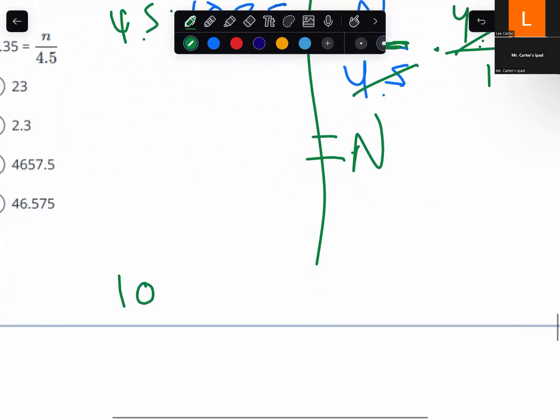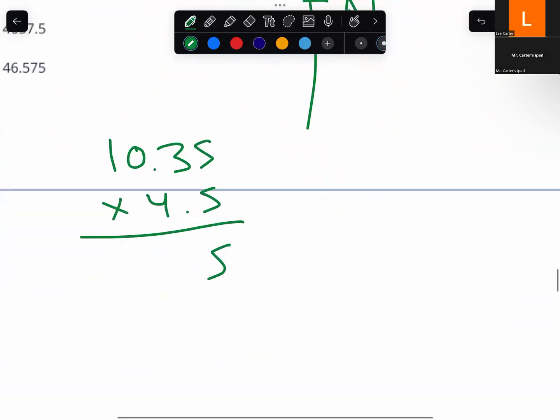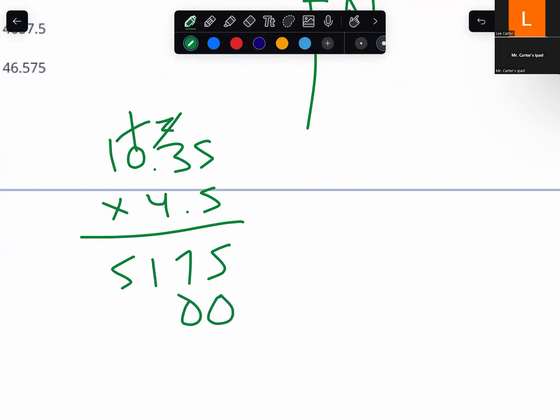So we have 10.35 times 4.5. You don't have to line up the decimal when multiplying. You just count the spots at the end. 15, that's 17. Then 0, 1, then 5. And now 4 times 5 is 20. 12, 14. And 4.